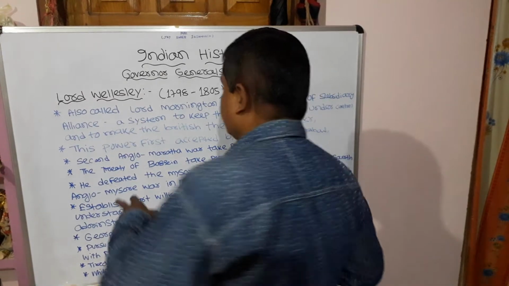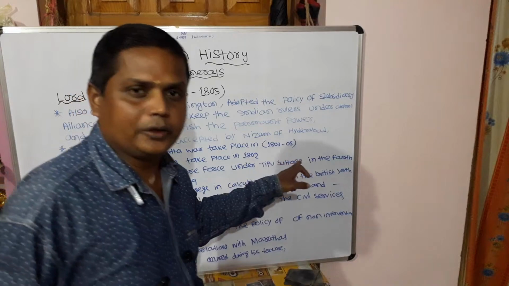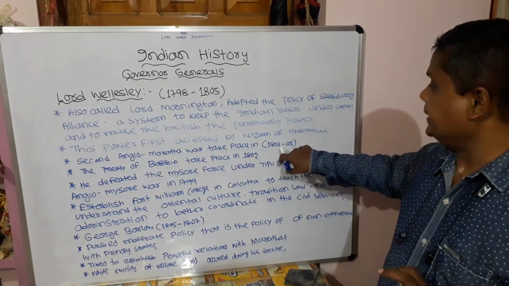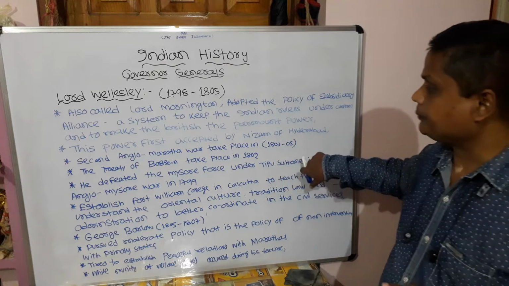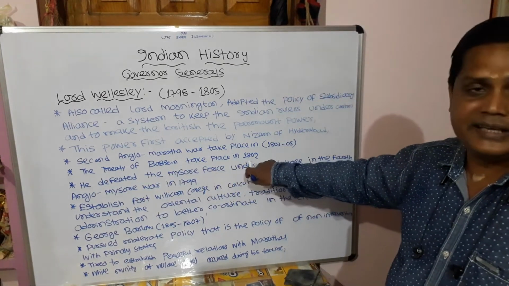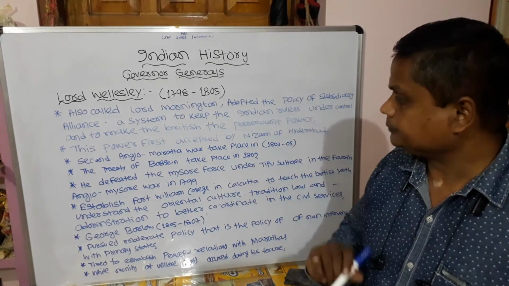Second, the Second Anglo-Maratha War took place in 1803 to 1805. The Treaty of Bassein took place in 1802.